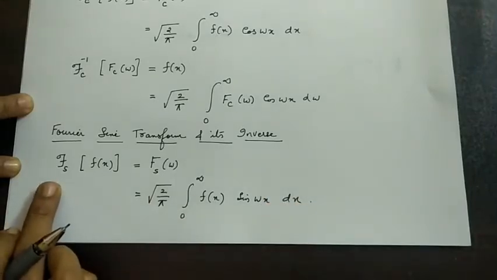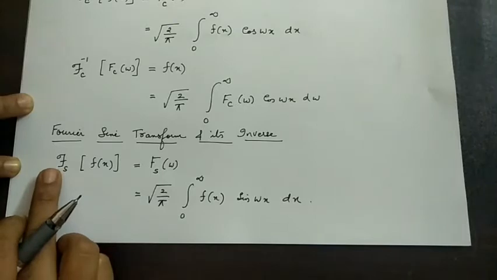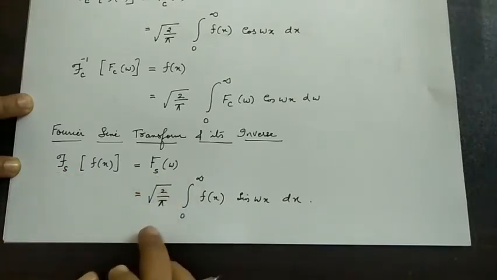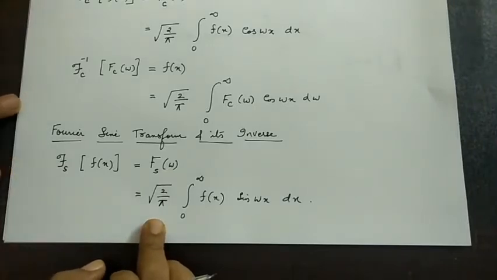The Fourier sine transform of f of x is equal to fs omega, which is equal to root 2 by pi integral from 0 to infinity f of x sine omega x dx.